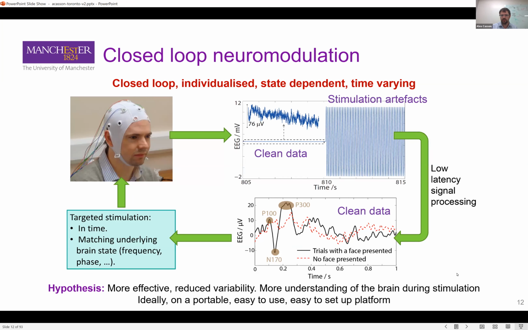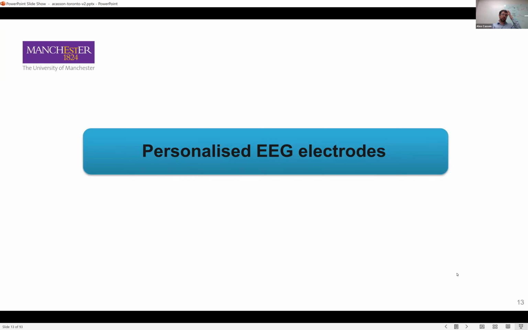Right. Super. So within that, I am just going to go through a few different topics towards enabling that personalized neuromodulation. Now, of course, you can personalize in at least two different ways. One way is data-driven personalization.